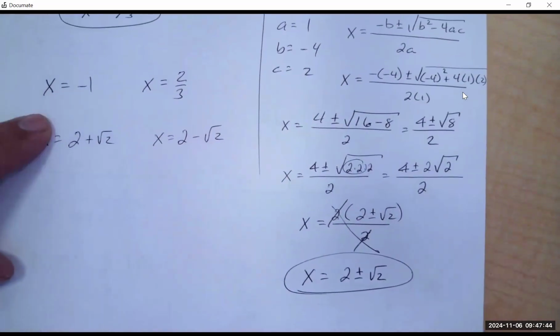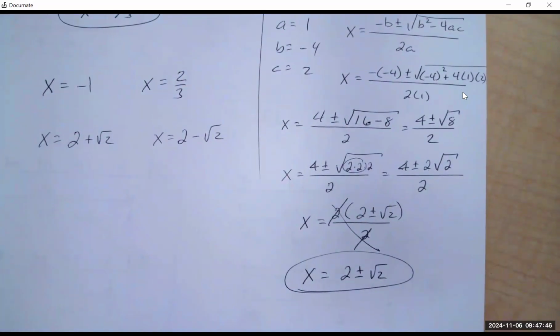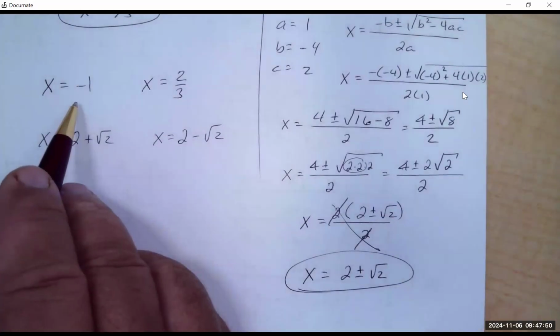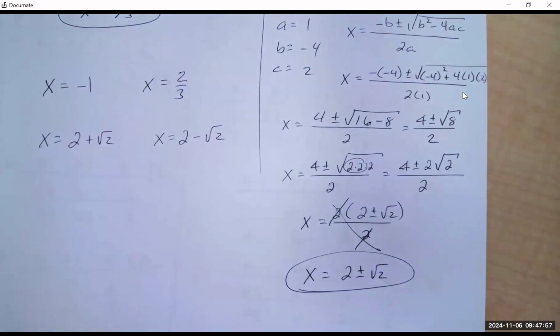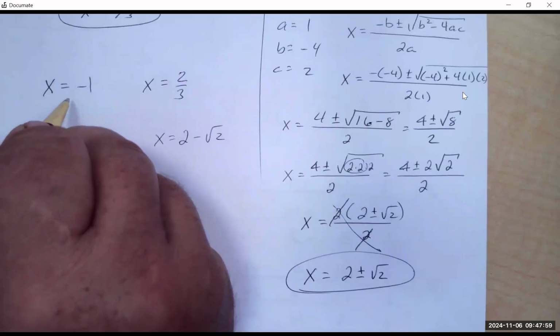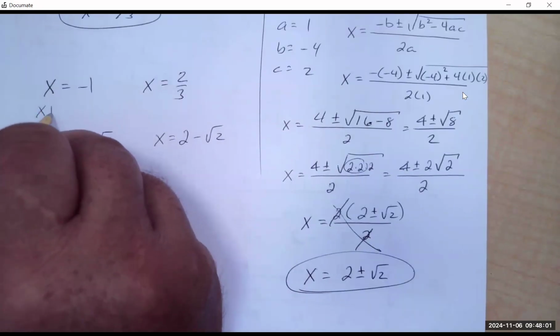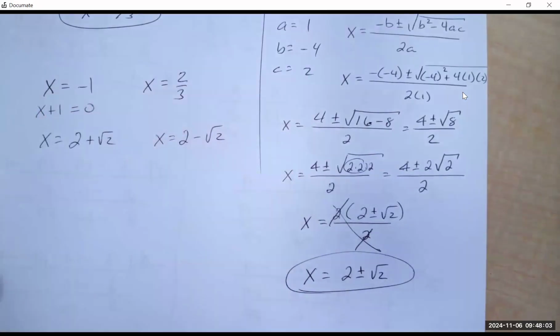Now, the second part of the question, those are my zeros. Those are my x-intercepts. It says factor into linear factors. In other words, I want it to be x plus something. You can make these equal to 0. So x plus 1 is equal to 0.